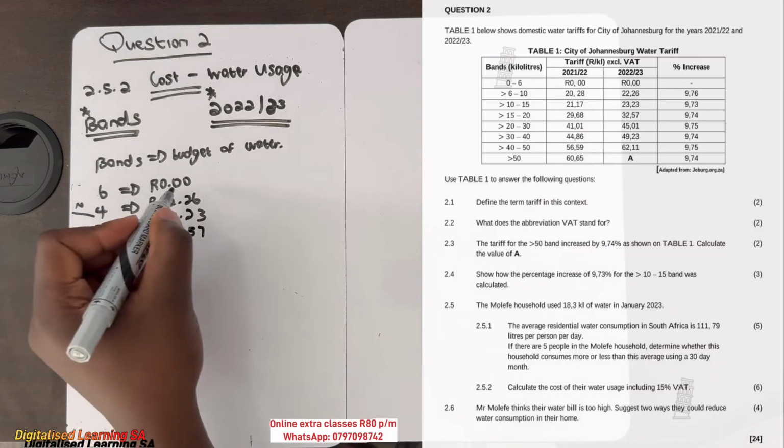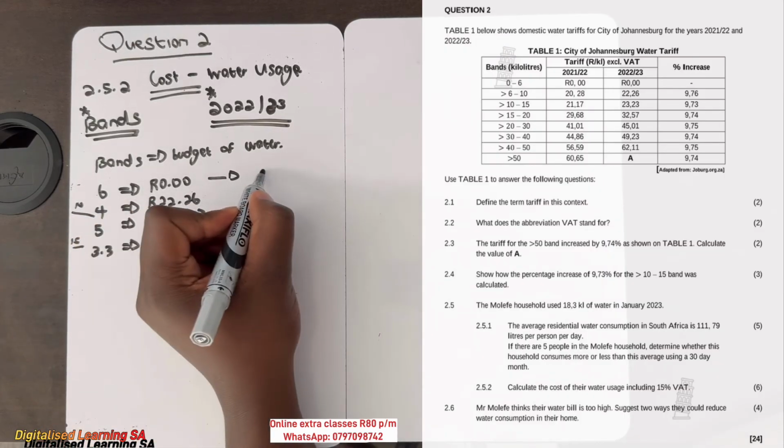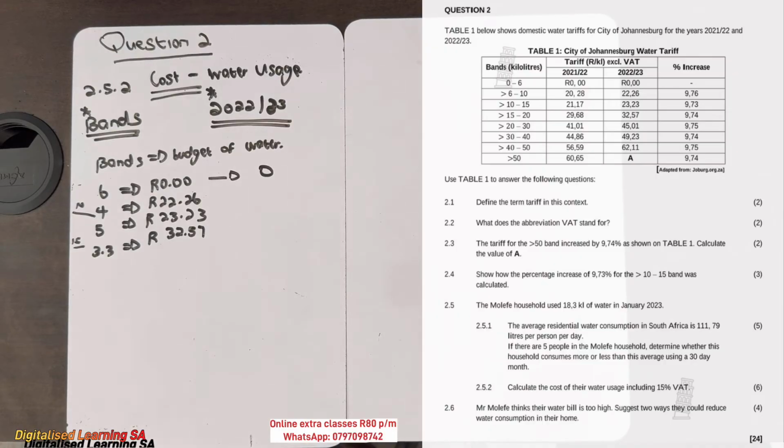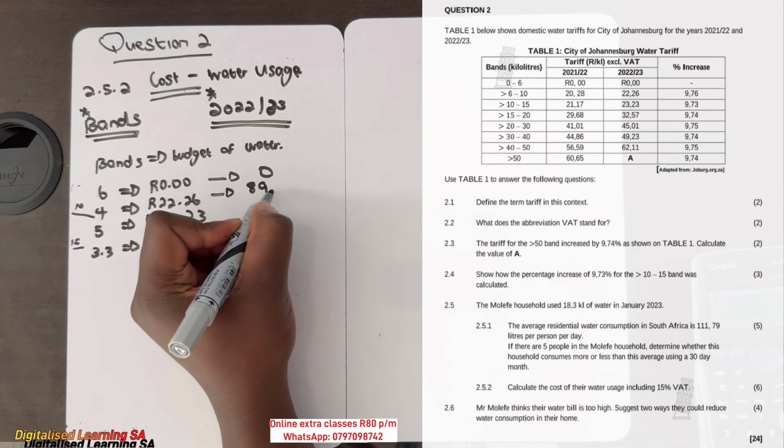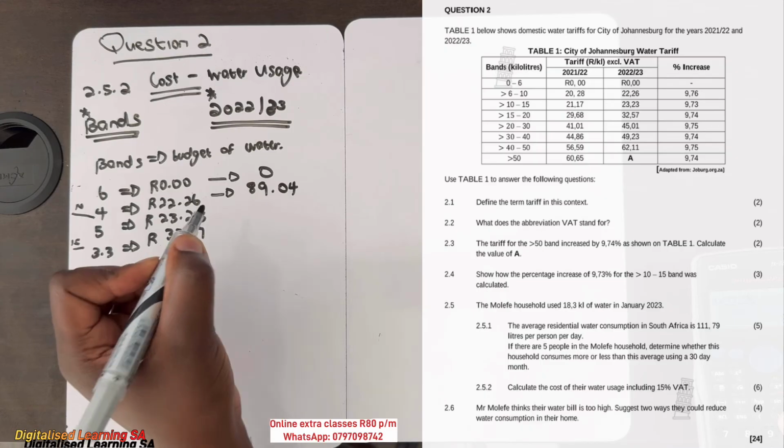If we multiply 6 by 0, we will get 0. And next we will multiply 4 by 22.26, and we will get 89.04. Next, if we multiply 5 by 23.23, let's quickly do that, 5 multiplied by 23.23, we will get 116.15.